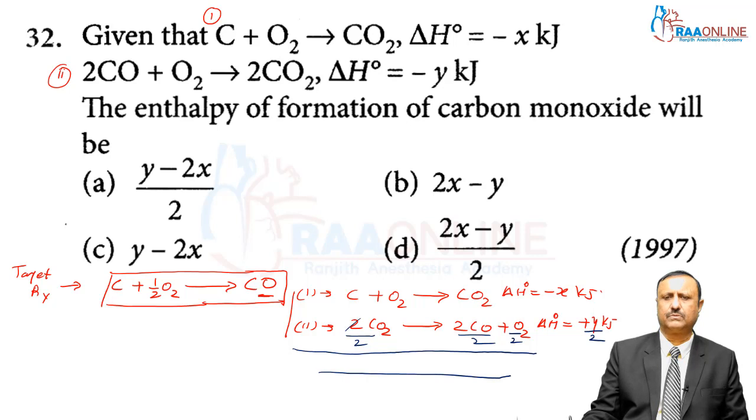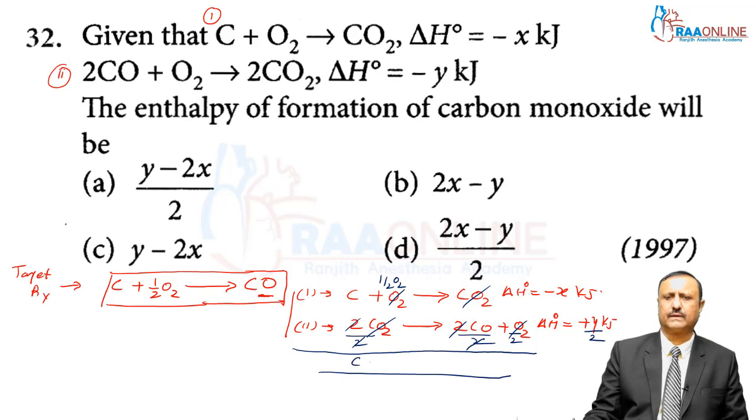When these are divided by 2, the 2 cancels, 1 mole of CO2 cancels with this, and you get only CO, and in the reactants no CO is present. So you get CO, and this is the half O2. Half O2 is cancelled by this O2, and you get only half O2.